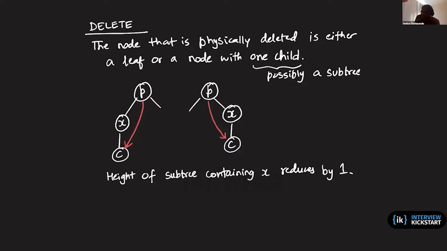So if x was the left child of its parent, then the branching factor of the parent is going to reduce by 1, because the height of the left subtree has reduced by 1, and the branching factor is the height of the left subtree minus the height of the right subtree. When we deleted x and x was the right child of its parent, the branching factor of the parent is going to increase by 1.